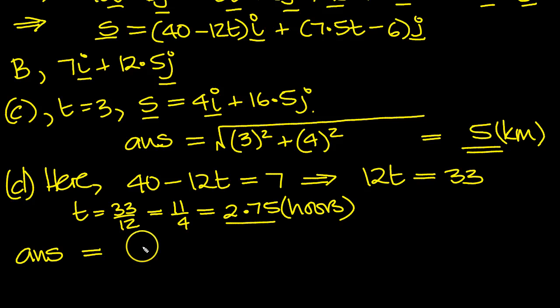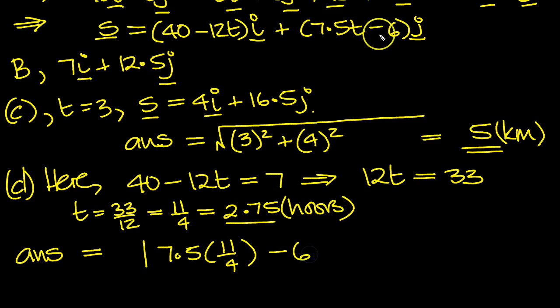So it'll be the modulus of 7.5 times 11 over 4, minus 6, take away the value at B, 12.5.